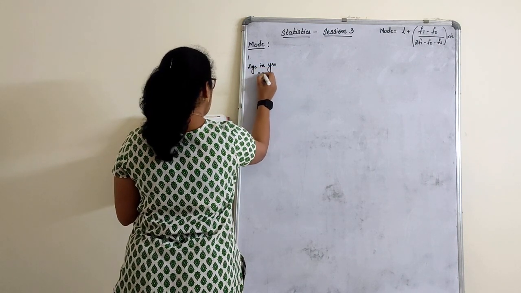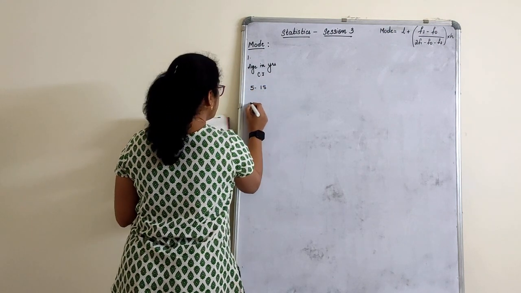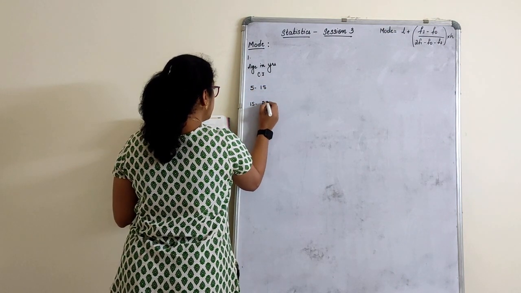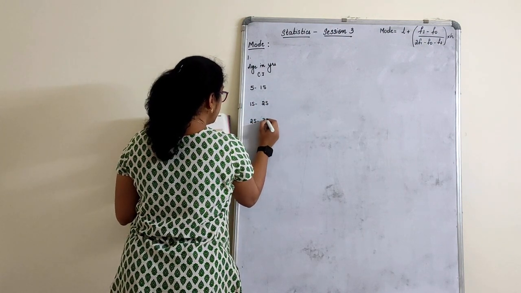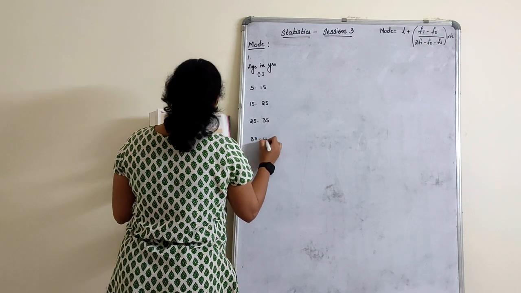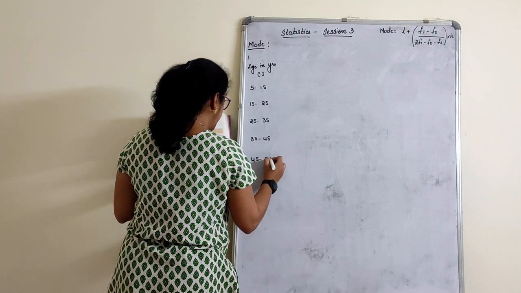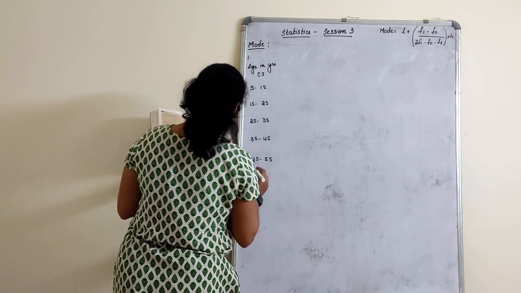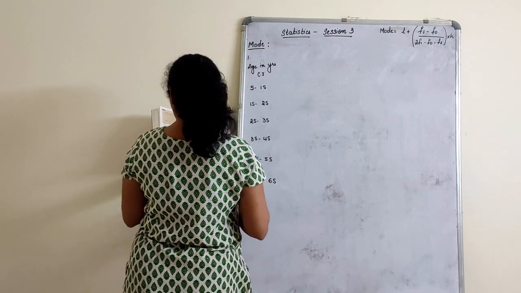So that is the class interval, we have 5 to 15, 15 to 25, 25 to 35, 35 to 45, 45 to 55, 55 to 65.